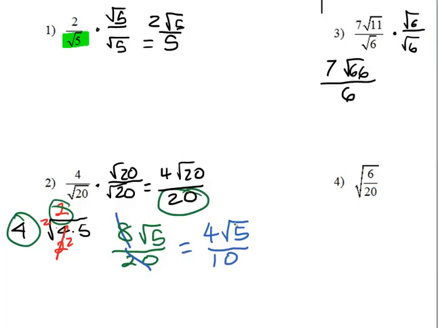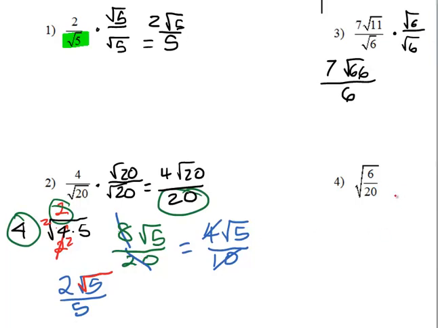And I can still do this. They're both factors there. So that'll be 2 root 5 over 5. And I know that you might be super tempted to deal with this. Don't, because this is under the radical. It has nothing to do with this at this time.